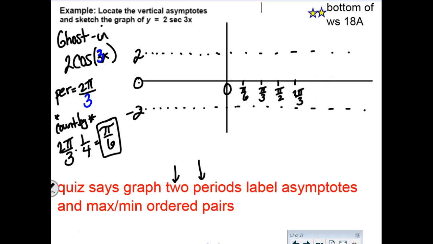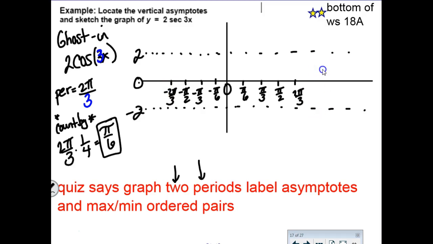And then instead of going forward that way, let's back up to negative pi over 6, and then negative pi over 3, negative pi over 2, and then negative 2 pi over 3.